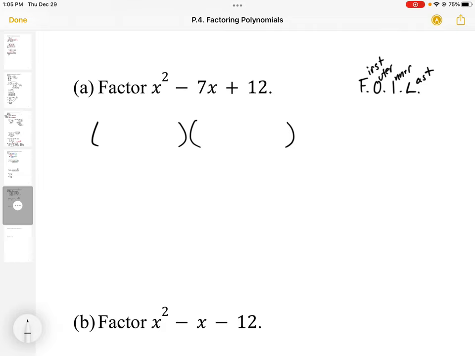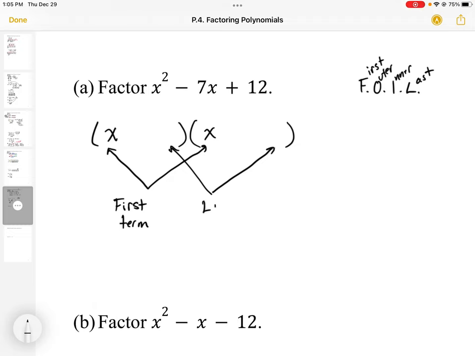We're looking for factors of the first term first. So x squared is nice and easy. We know that the only 2 factors of x squared are x times x. Now, the second term in each one of these binomials is factors of the last term.